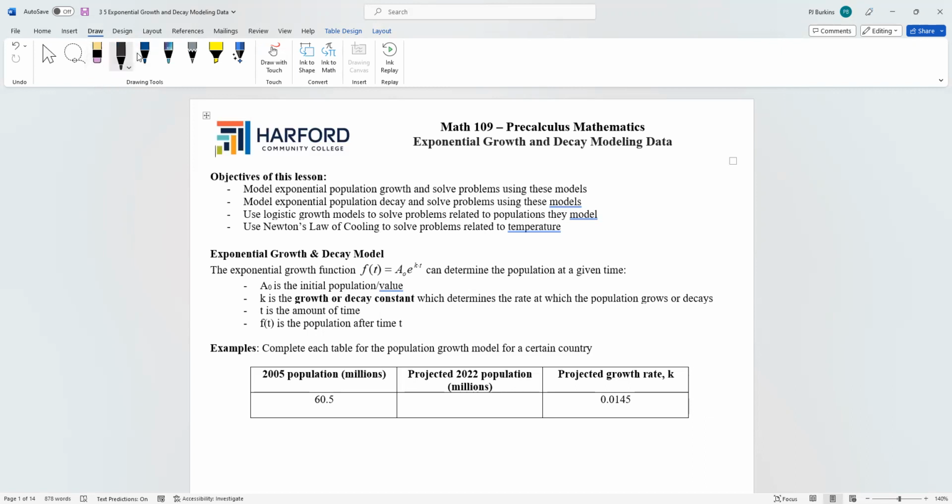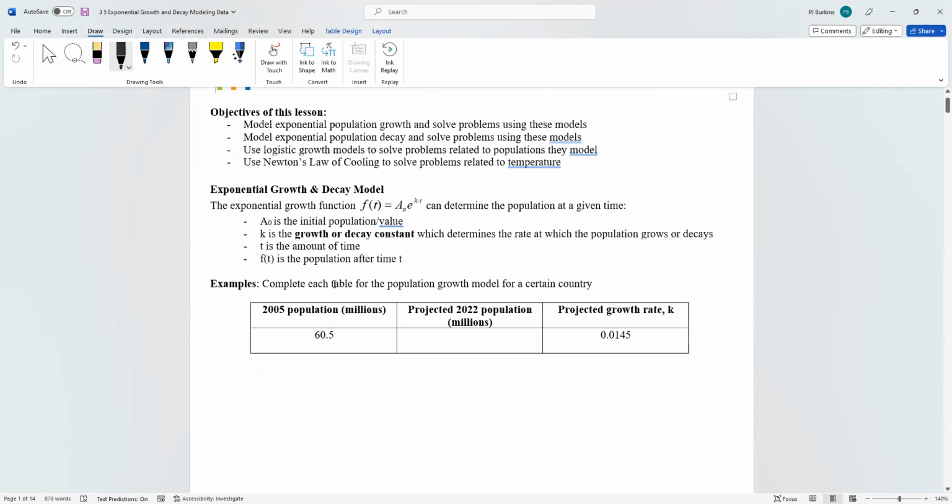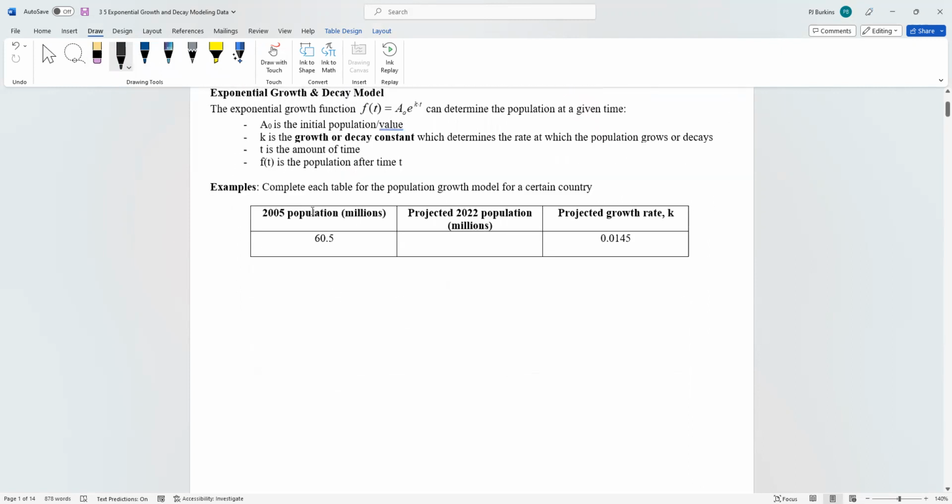So for the first couple problems, we're just going to manipulate the equation a little bit, kind of get familiar with it. So here they give us an initial population. They give us the growth rate of that population, k, and they ask us for the projected population in the year 2022.